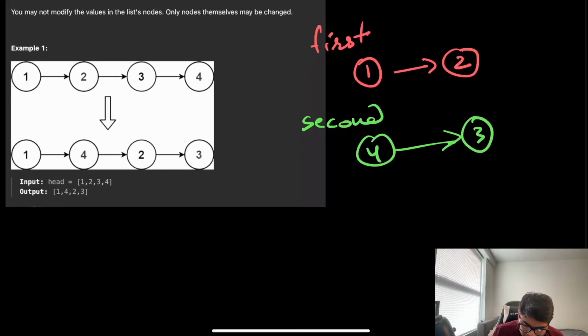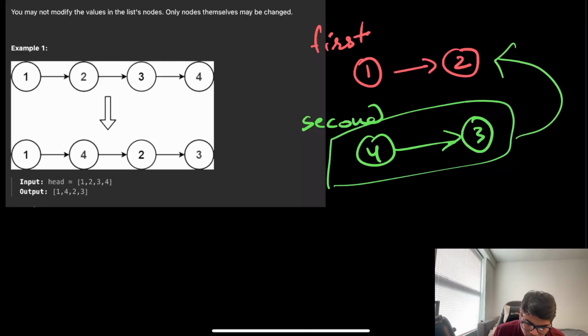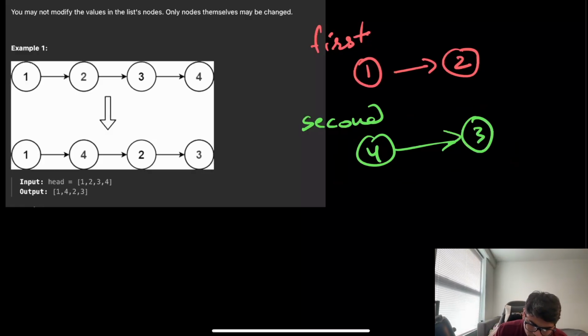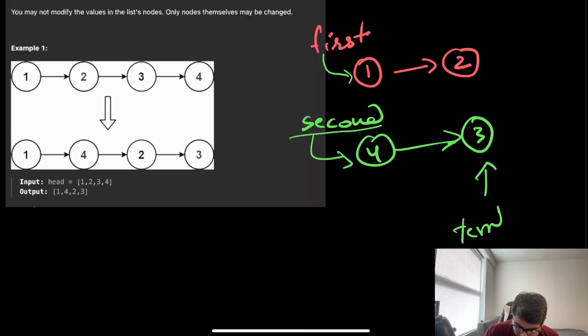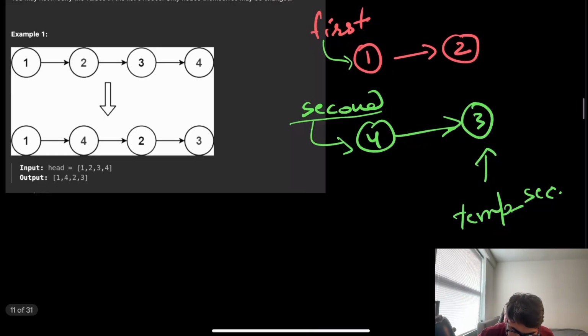Now since I'm merging this into this, I have these pointers, first and second. Until second remains valid, I am storing this temp reference, like this: temp second, and then temp first.